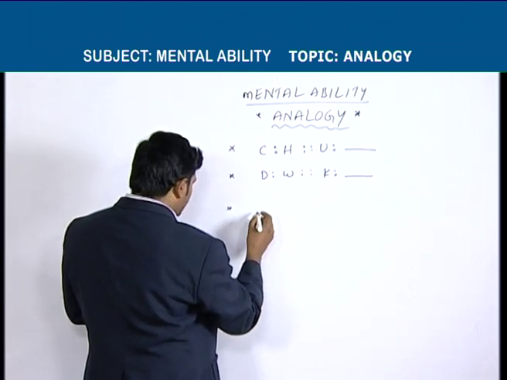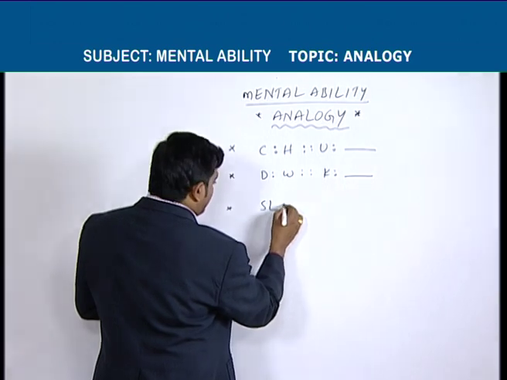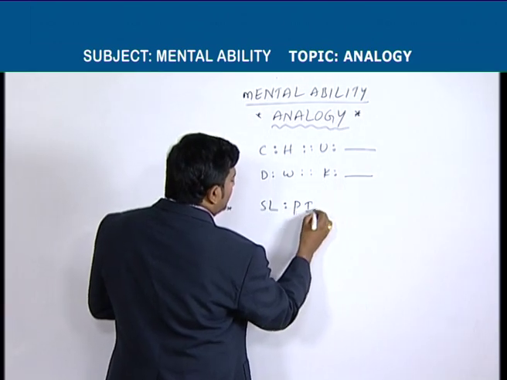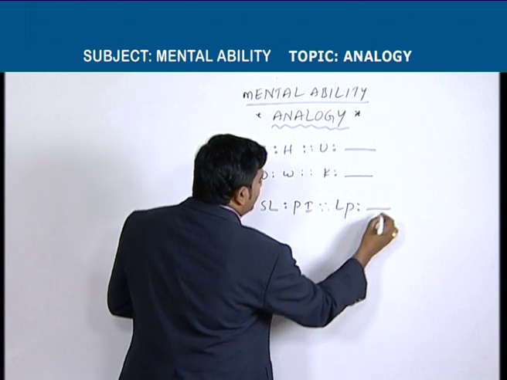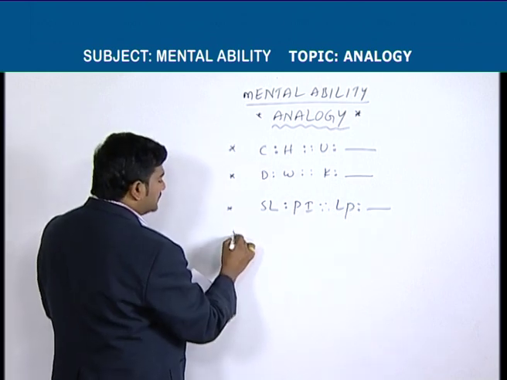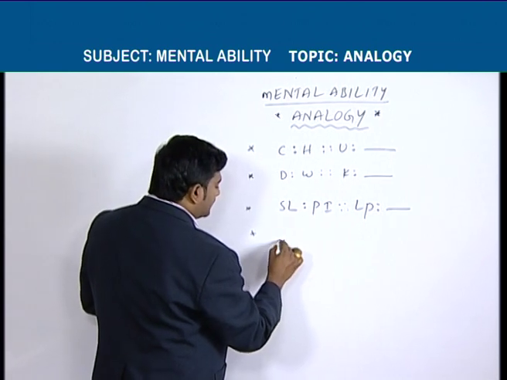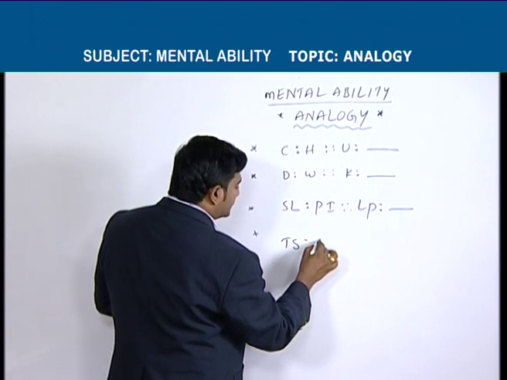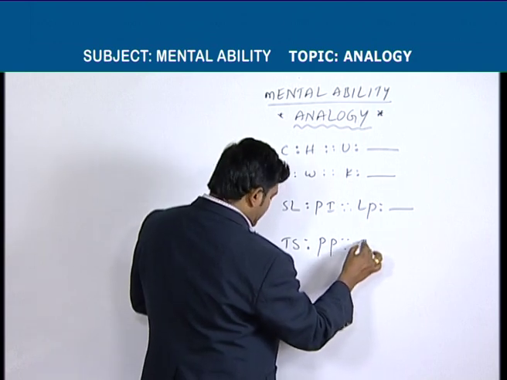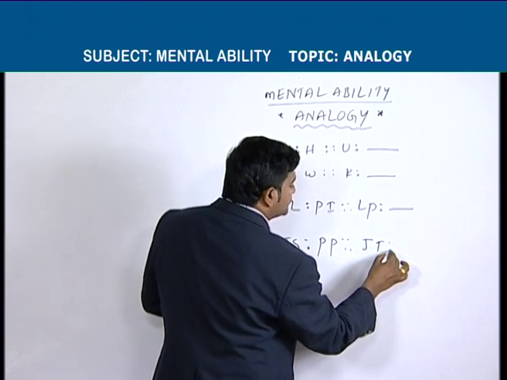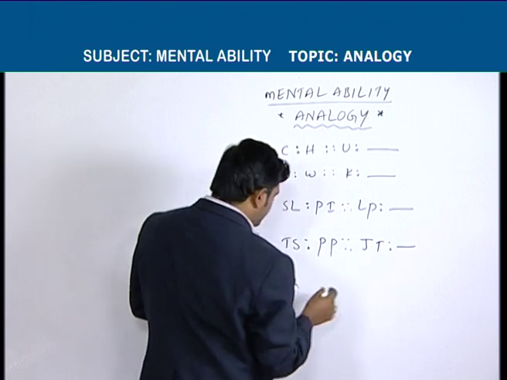Third one, SL is to PI as LP is to dash. Next question, TS is to PP as JT is to dash.